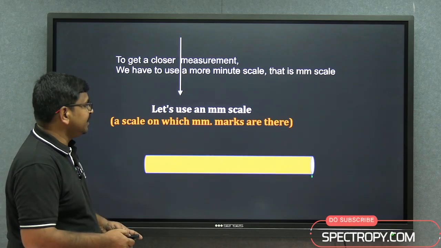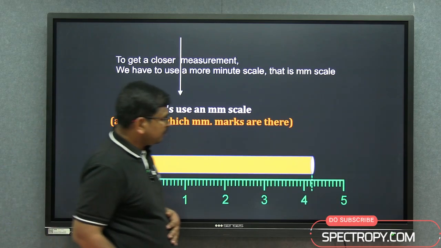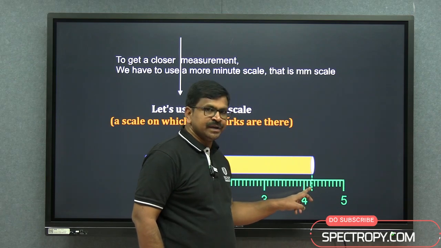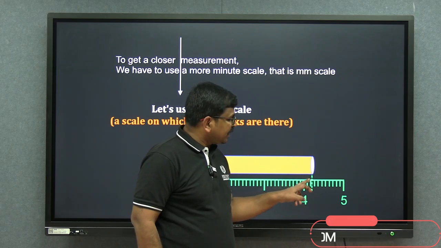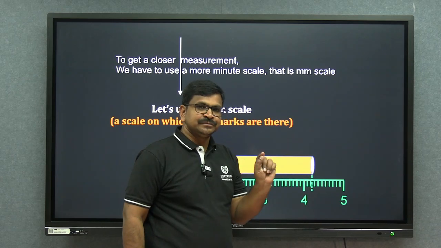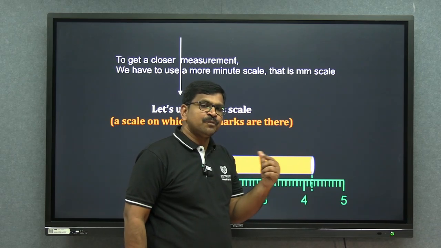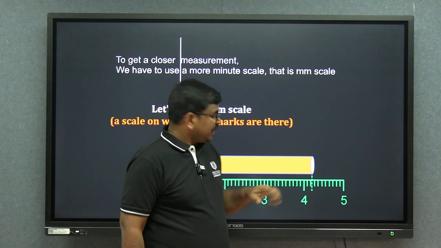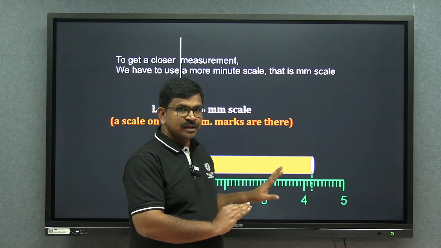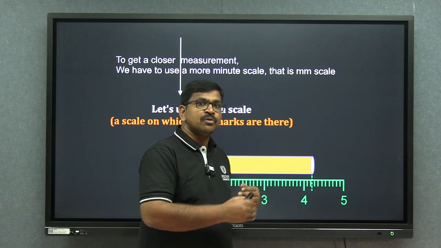Suppose I take the millimeter scale. Now I am very confident to measure this up to 4.2 centimeters. But after 4.2 centimeters there is still a certain edge. It is more than 4.2 and less than 4.3. Here the conclusion is that up to 4.2 centimeters it is a certain measurement, and after 4.2 I have to guess.